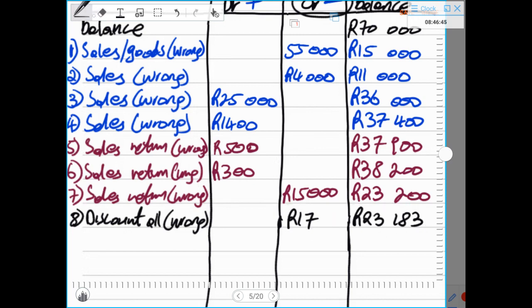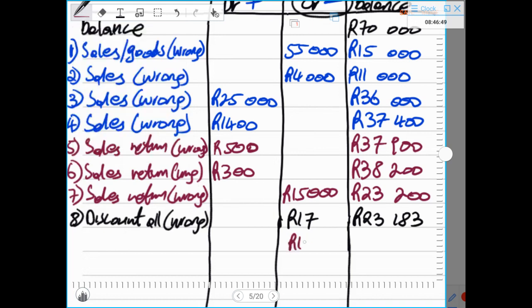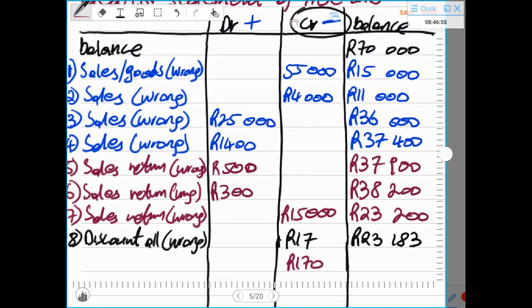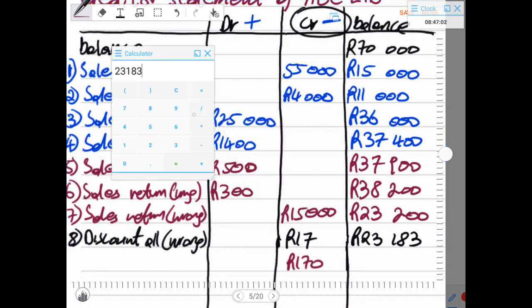Let me prove that it is really overstated. The right amount that was supposed to be recorded is 170. And remember, a discount is recorded on the credit side of the statement because it's reducing the debtor's account. So that means we would have got a balance of 23,200 minus 170.